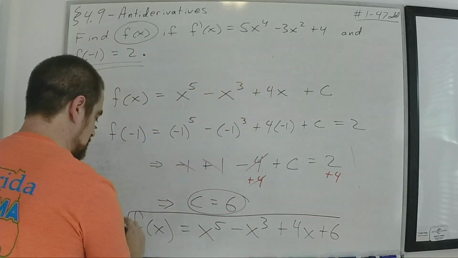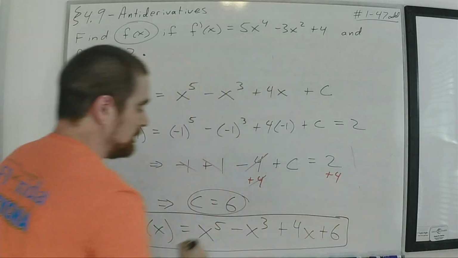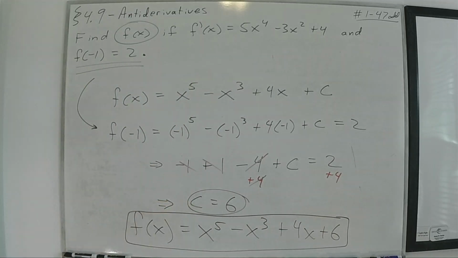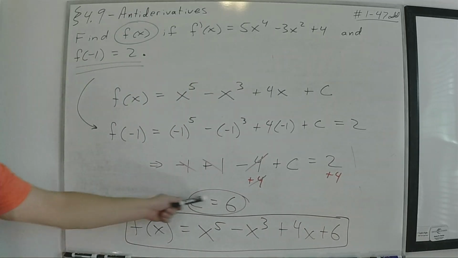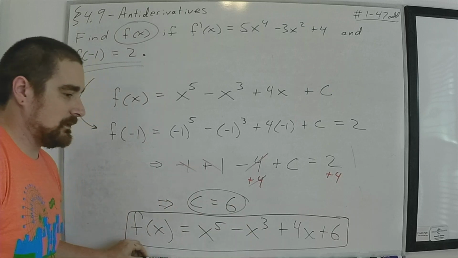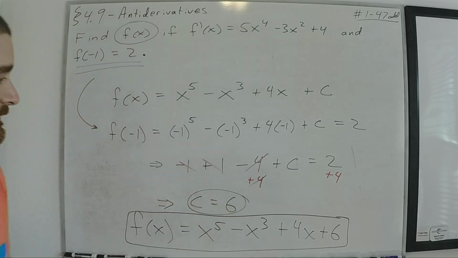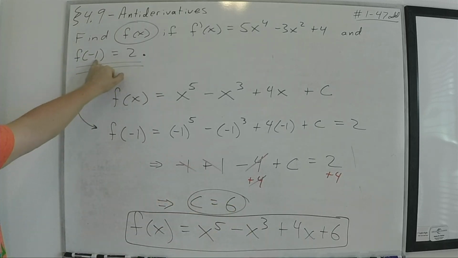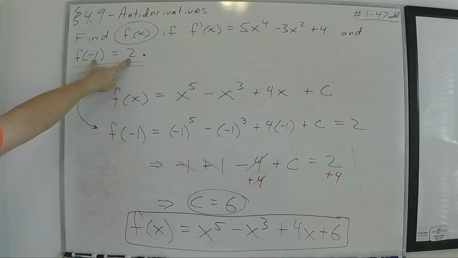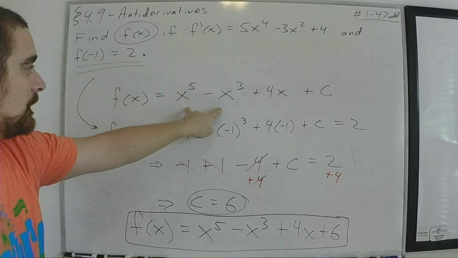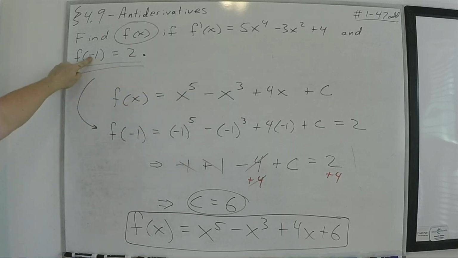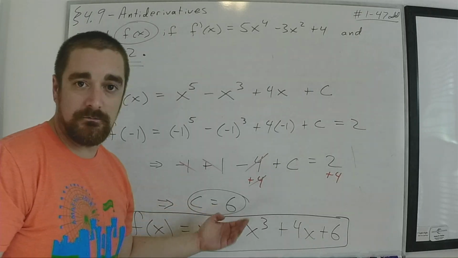All right, so using that extra information that they gave you for the constant, you plug that constant in because you're confident that the constant has to be this value. Otherwise, this would not hold true. The only way this holds true is if you get the most general antiderivative, plug this x value in and set it equal to this y output. And if that's the case, then that has to be that constant.